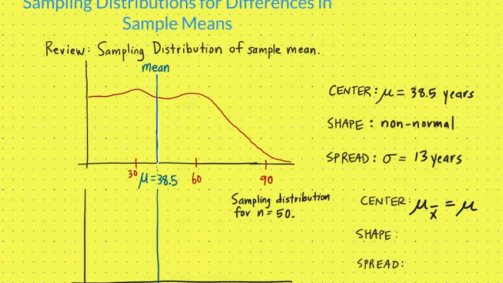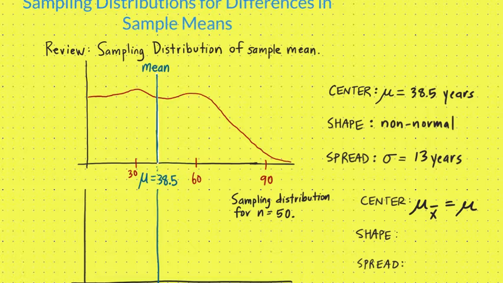X bar is all the individual means of all of our different samples. And mu is the mu from the first distribution. All this means is our center is not going to change. If we really take a random sample, then our sampling distribution will be unbiased, meaning it's going to gather around 38.5. So I would say mu sub x bar equals 38.5.